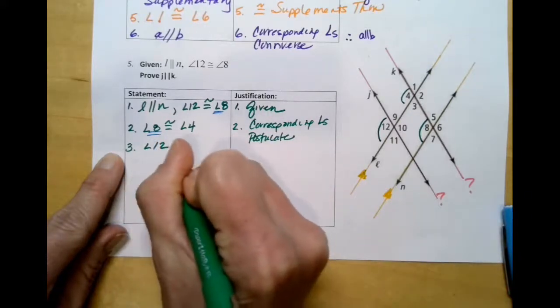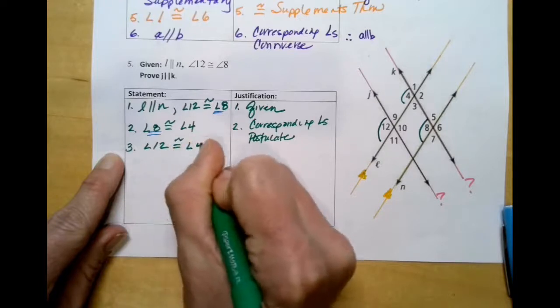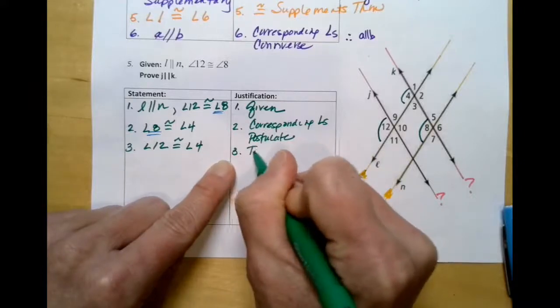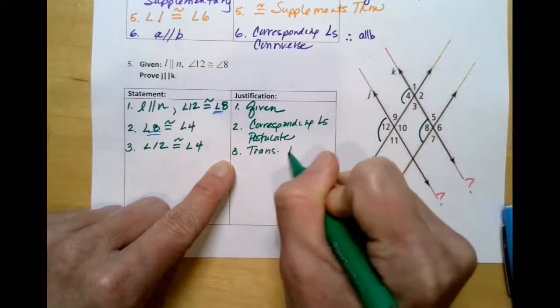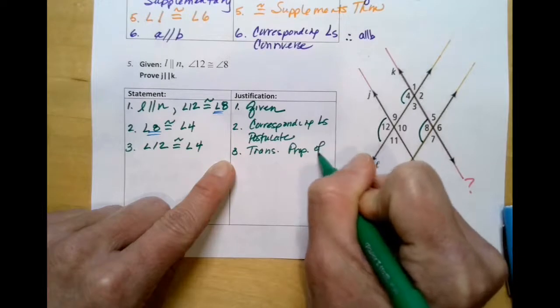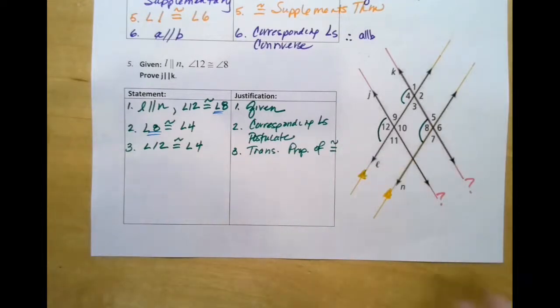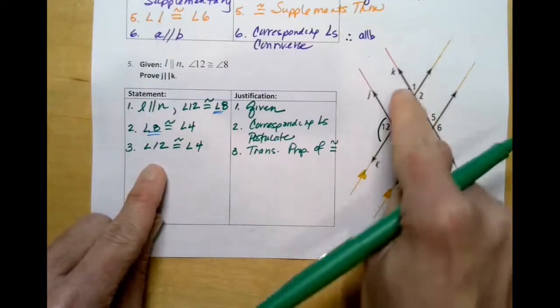Angle 12 is going to be congruent to angle 4. And who lets me say that? That is my transitive property of, careful, congruence. I don't have any numerical values. I just have angles and things. 12 and 4. Do you see it?